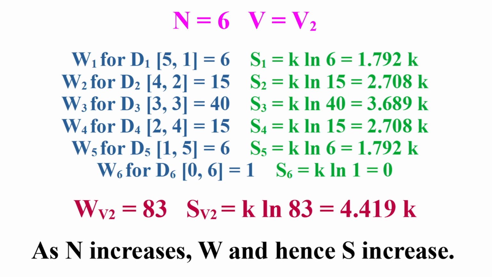The number of possible microstates respectively are 6, 5 plus 4 plus 3 plus 2 plus 1 equal to 15, then 40, then 15 again, 6 again, and finally 1.